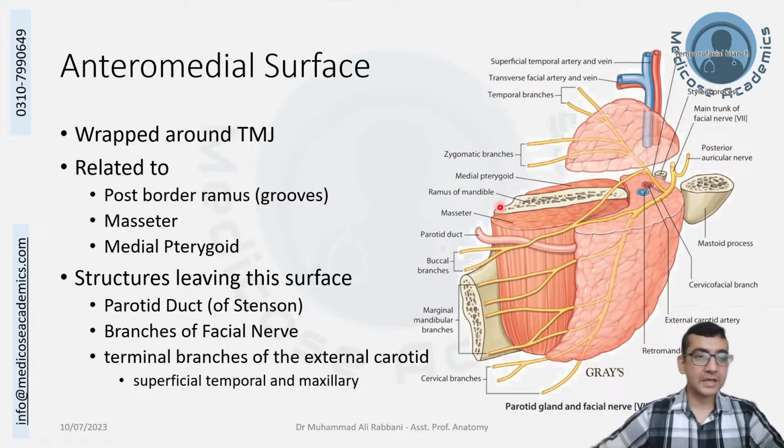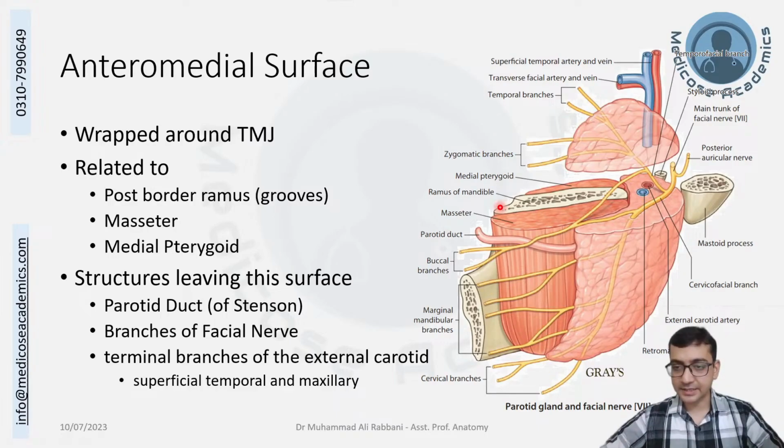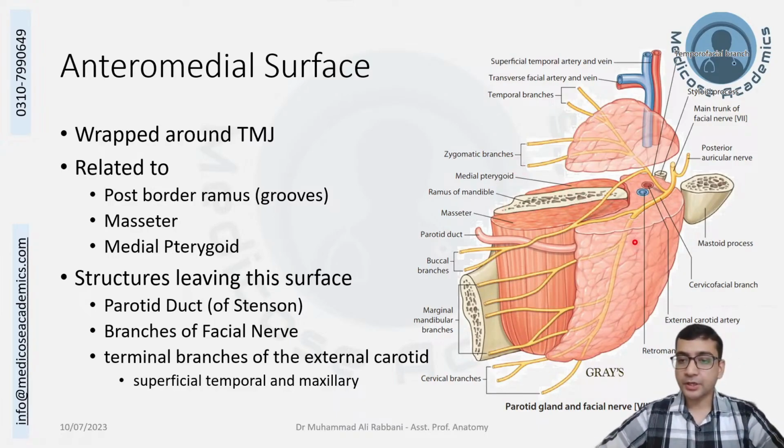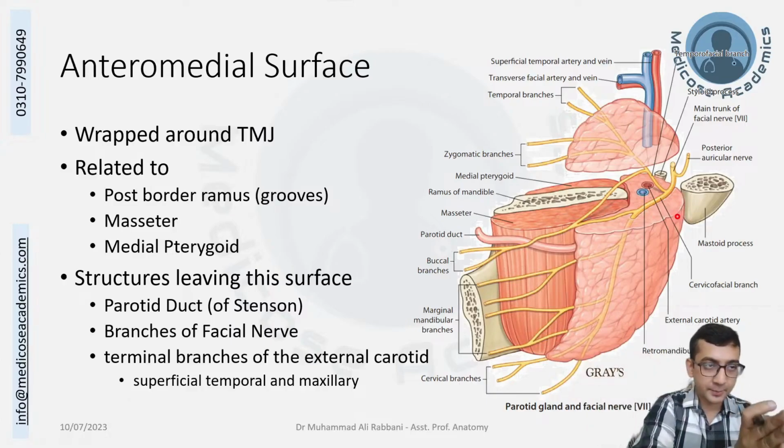Okay, let's talk about the surfaces, its relations. When cut in a transverse section, the parotid gland can be seen to be divided into three surfaces. The one that is lateral, that we just talked about, is related to the skin, superficial fascia, and deep fascia.